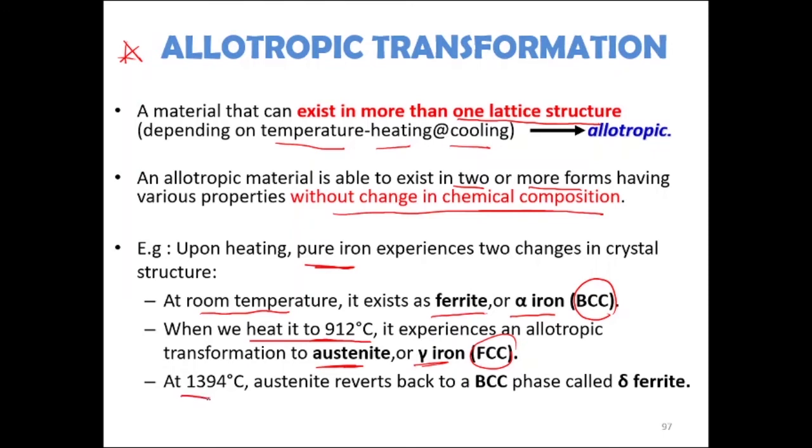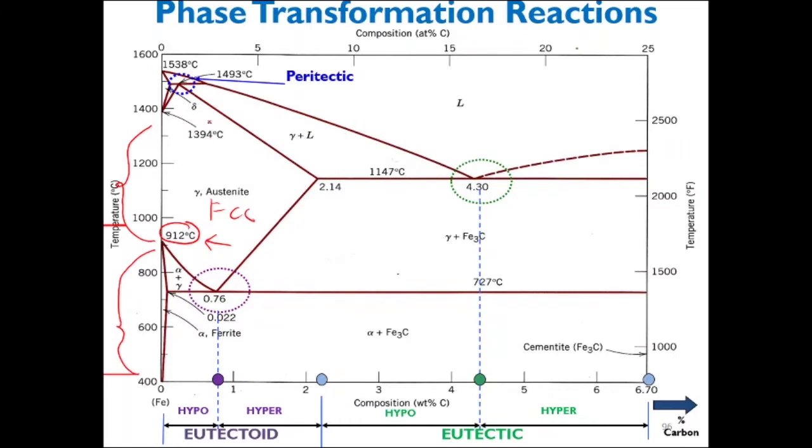At 1394 degrees Celsius, austenite reverts back to BCC, called delta ferrite. So the note tells you that after we heat up more than 1394 degrees Celsius, at this point, the FCC austenite changes into BCC delta ferrite over here, BCC.